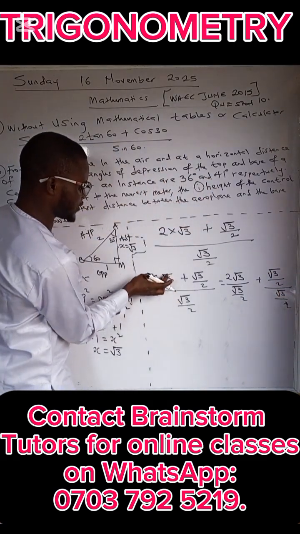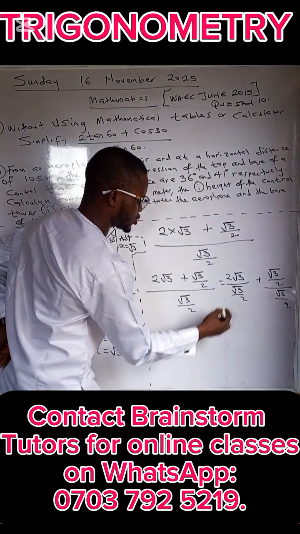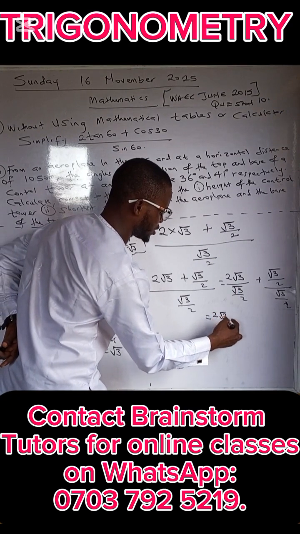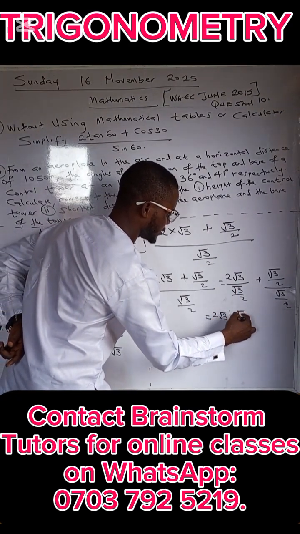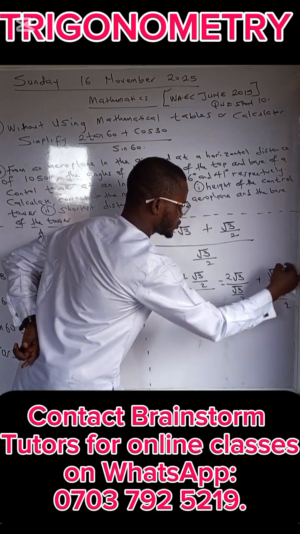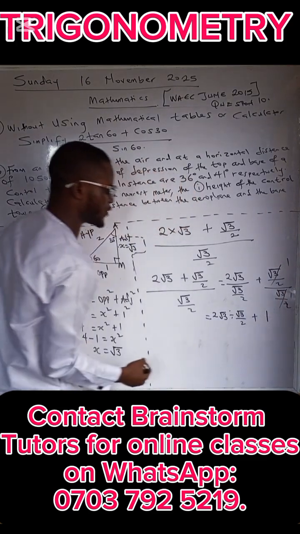So I will divide this with this, and also divide this with this. Here, root 3 over 2 by root 3 over 2 gives 1.